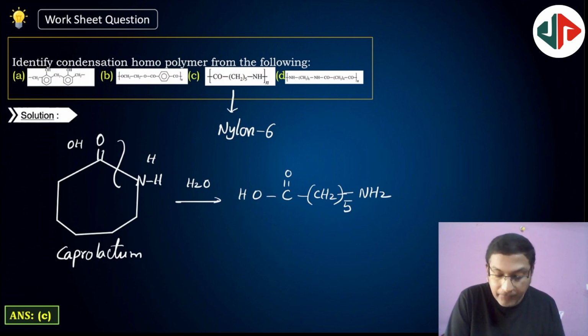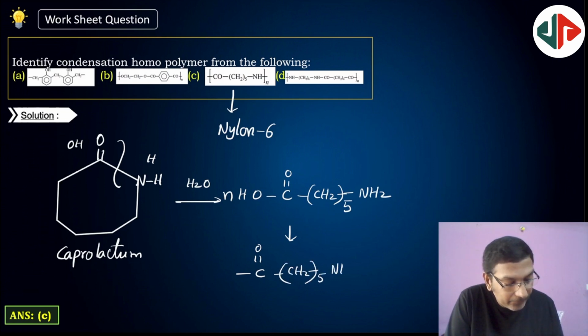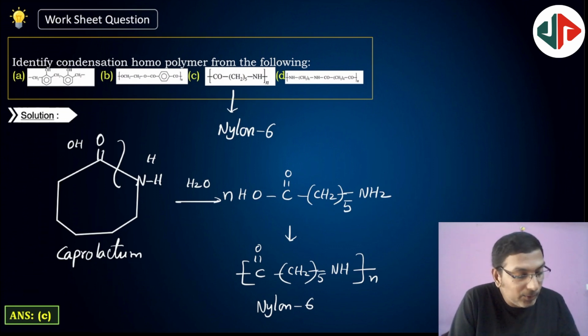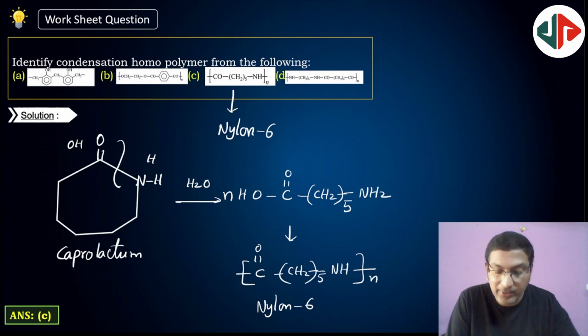On polymerization, if you take n moles, we will get a polymer like this: CO, CH2 five times, NH, n times. This is nylon 6. Here 6 indicates the number of carbon atoms. Homopolymer means the polymer which contains only one type of monomer units. Therefore nylon 6, option C.